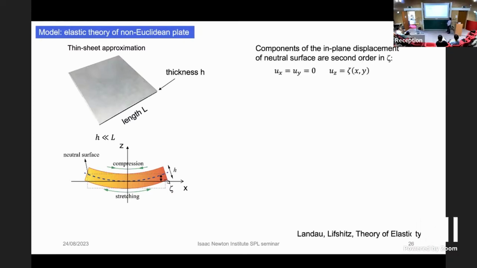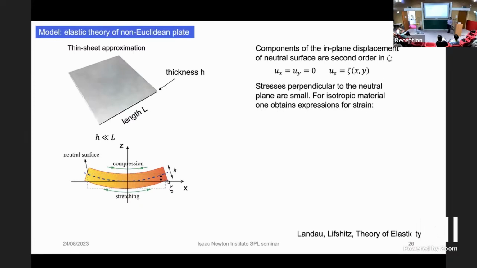So what you can do is parameterize this in what's called Monge parameterization, where your displacement is with respect to the x and y axes, and then you use what are called the Kirchhoff-Love assumptions, because it's very thin. You assume that there are no normal stresses along the system, and you also assume that there is no mixing, so that the layers in your sheet are not mixing.